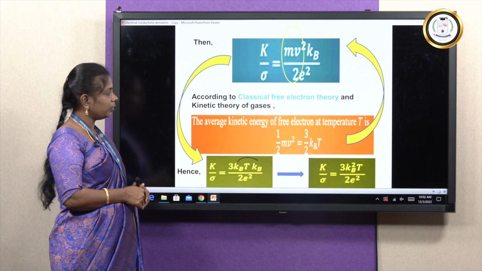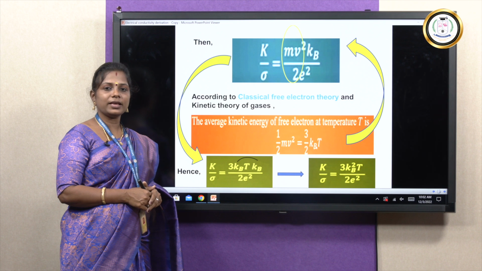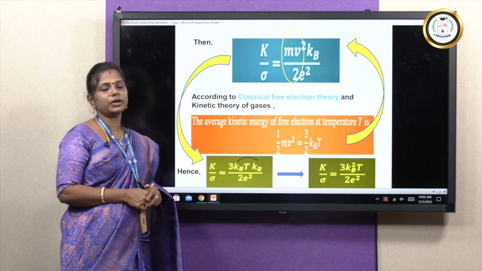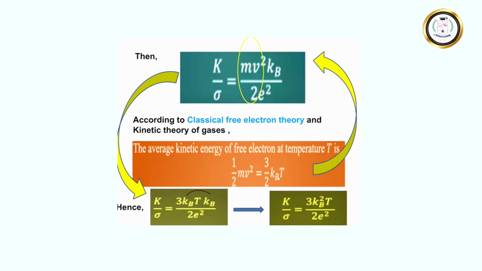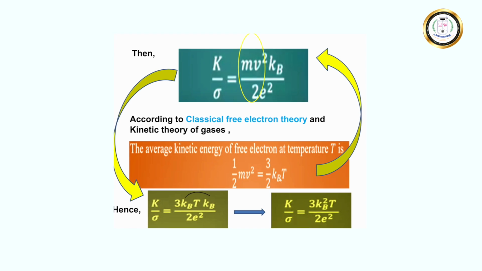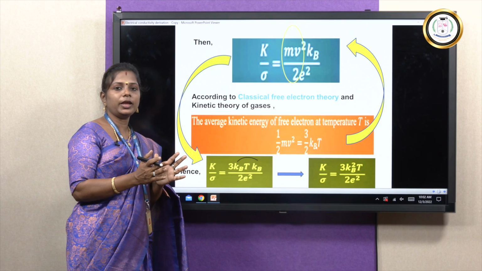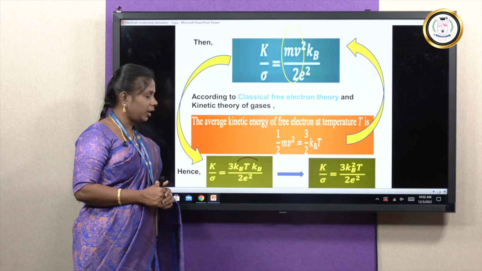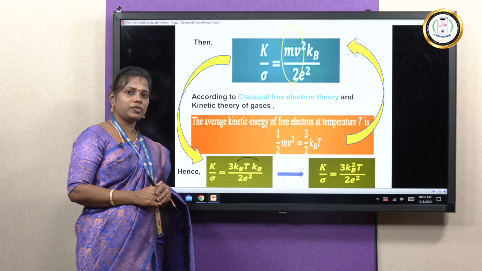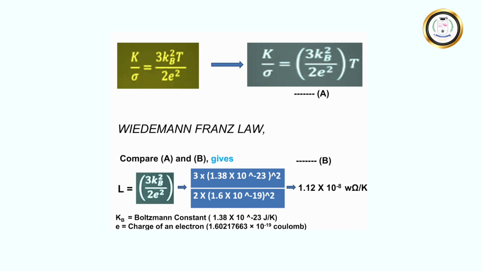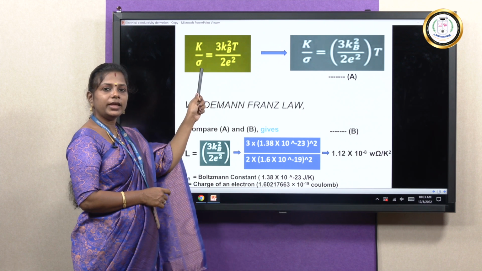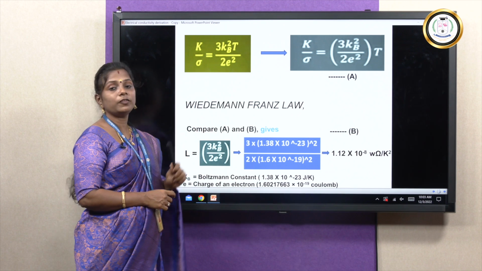So, K by sigma by using the classical free electron theory concept, that half mv square is equal to 3 by 2 kBT, we rewrite as K by sigma is equal to 3 Kb square T by 2e square. So, K by sigma is equal to 3 Kb square by 2e square into T. I can rewrite the same expression as equation A.